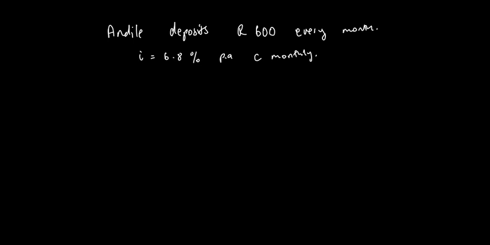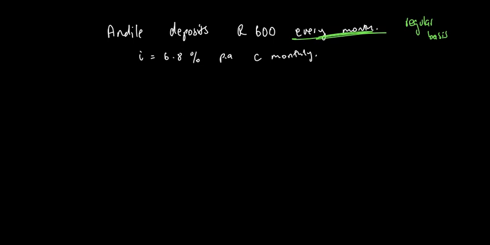I give you a question like this because there is this word every month. Then you must remember what? Regular basis. Then therefore it means we have to look for the future value. Future value is just the accumulated amount after a certain number of years.